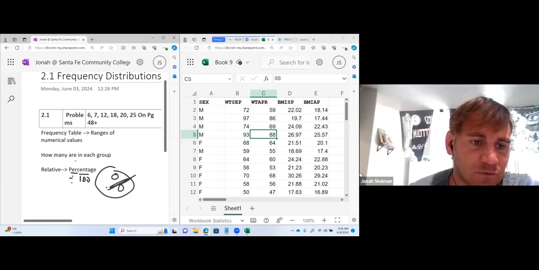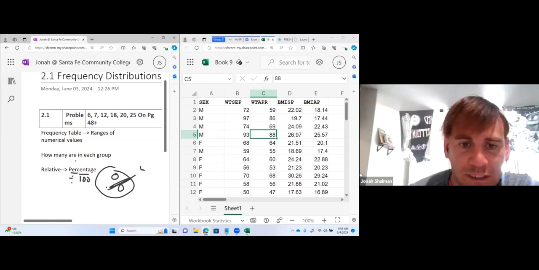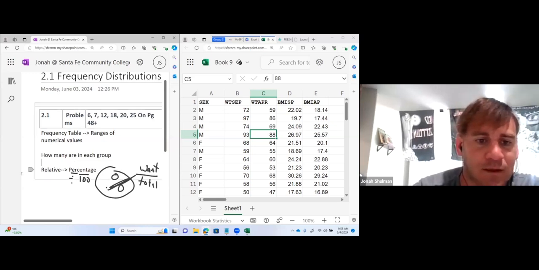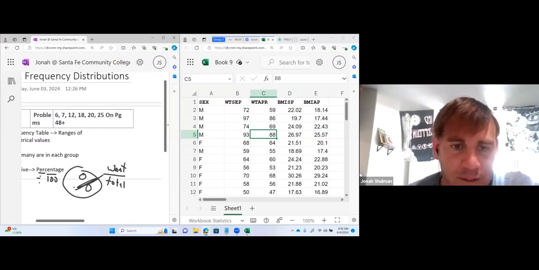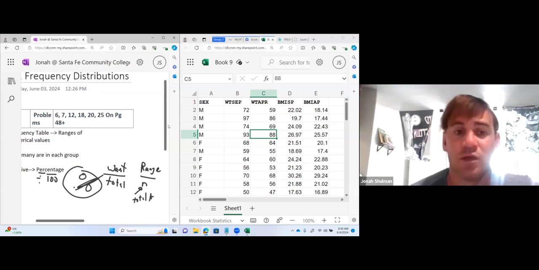So for relative frequencies, it's whatever we want to get over the total. What do I mean by that? It's the range of that group over n, and n just stands for the total amount. That's what that means.